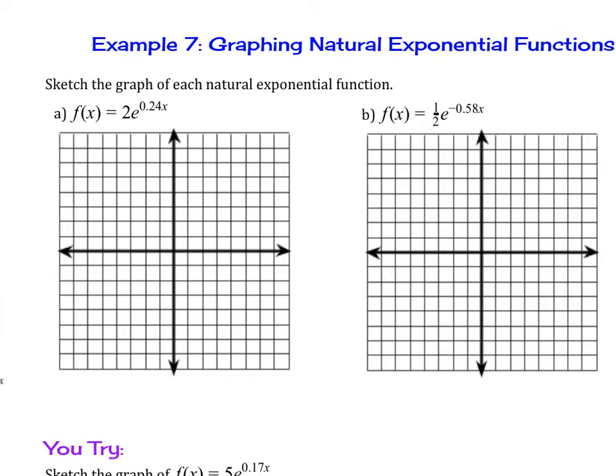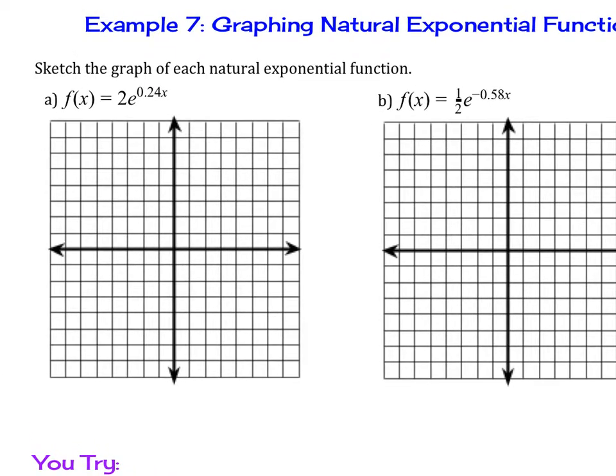I'm just going to ask you for 3 points. One of them you should choose is 0. If I plug in 0 here, that means it's e to the 0. e to the 0 is just 1. So 2 times 1 is 2. Here's the point here. Then the next point you would probably choose is a positive 1. So 2e raised to the 0.24. You could go 2 decimal places, since you're just needing to sketch the graph.